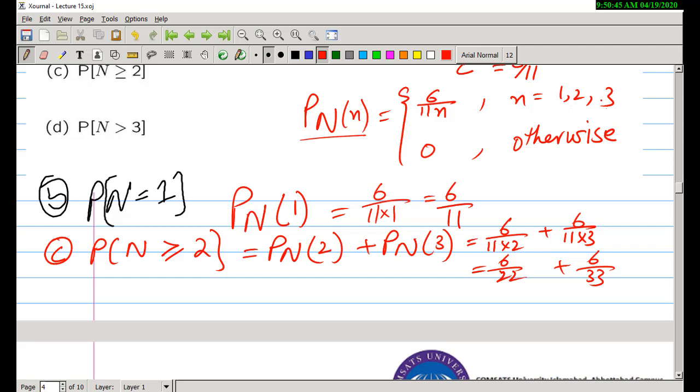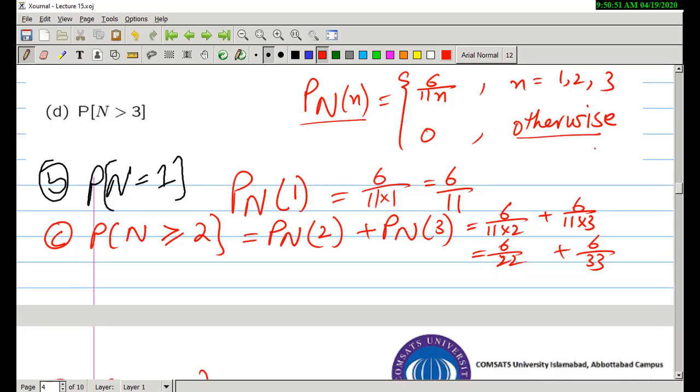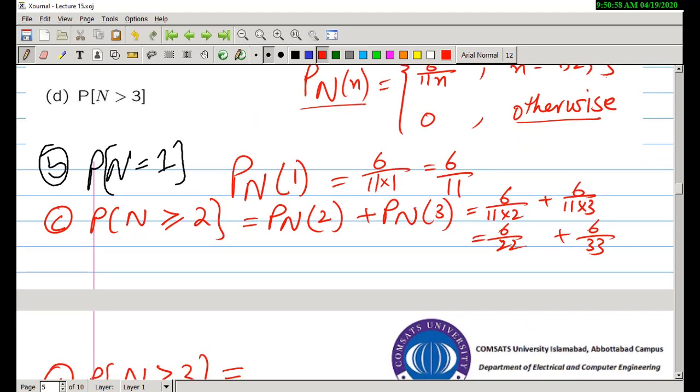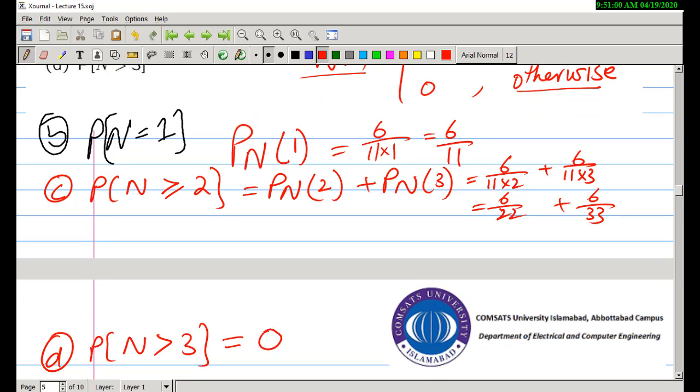For any value of n other than these, it is defined as 0 otherwise. So for n greater than 3, obviously it is not defined here, so the probability is 0. That is pretty much simple.